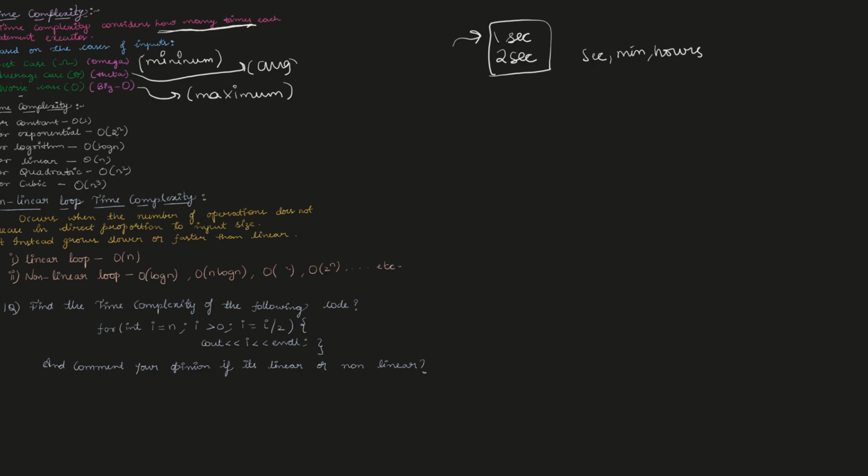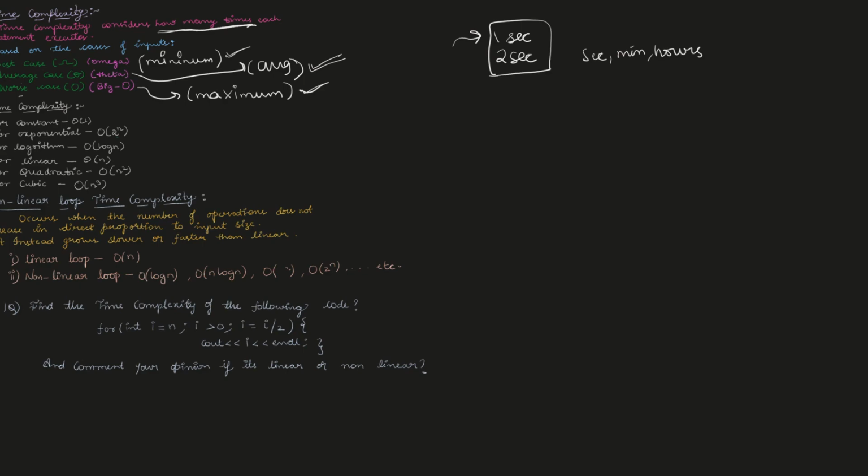Best case is represented by omega, average case is represented by theta, worst case is represented by big O. The best case calculates the minimum time the statement needs to get executed, and the worst case calculates the maximum time it takes to get executed. The average case tells the average time the statements take to get executed.